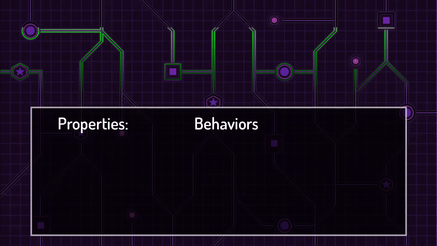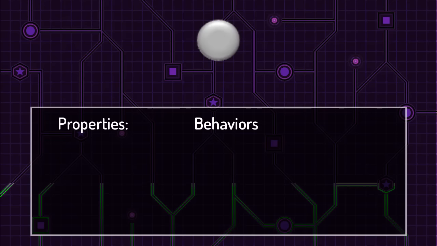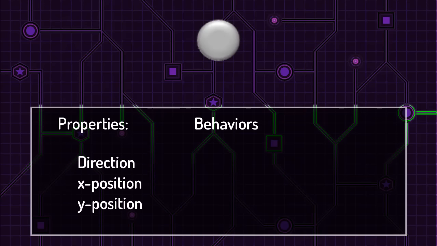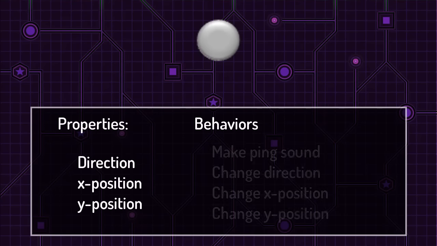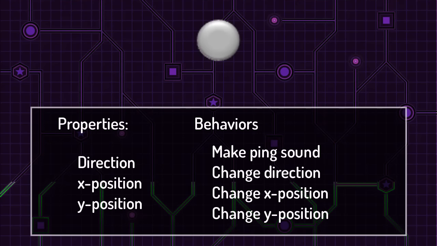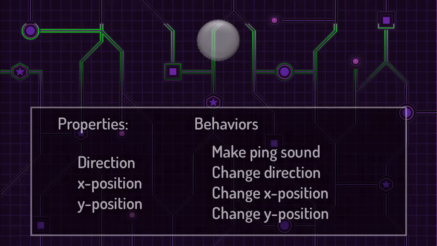And we can do the same breakdown with any other object. The ball, for example, has properties such as the direction it's traveling, its X position, its Y position. Behaviors include making a ping sound, changing direction, changing its X position, or changing its Y position.